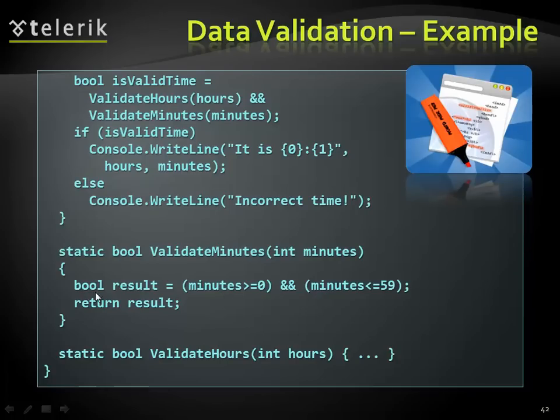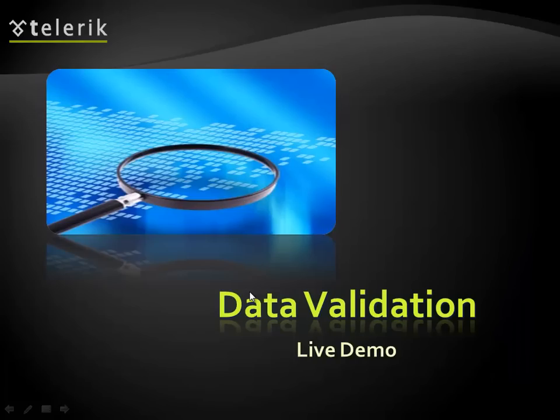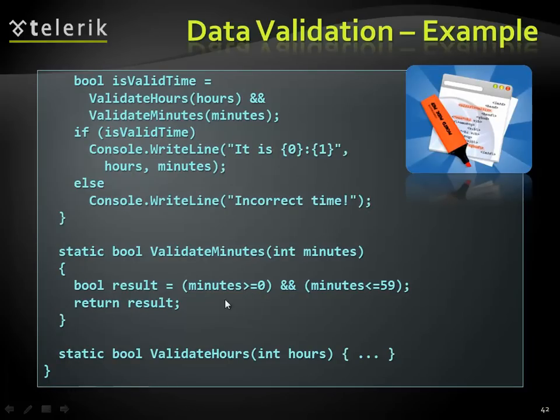So again, we're populating a variable and returning the result, and this variable gets the Boolean expression that the value is greater or equal to 0 or smaller or equal to 59.